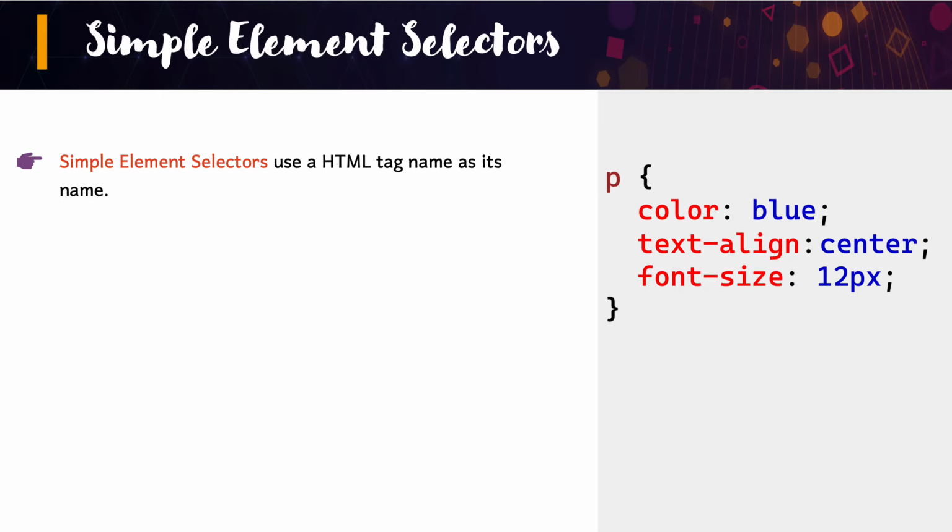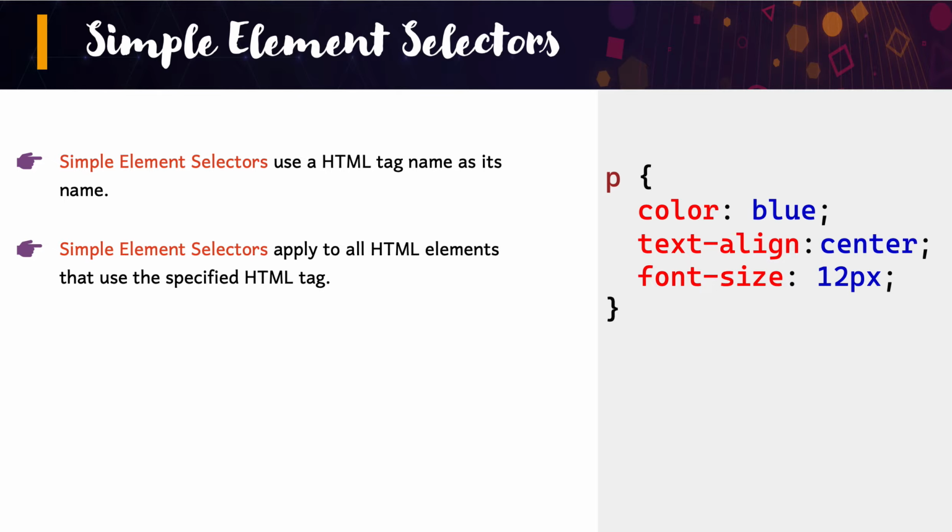P is indicating that it is a paragraph element in HTML. How do we know? Because this is a simple element selector. What is a simple element selector? A simple element selector uses one of the HTML tag names as its name, nothing less, nothing more. So if the CSS style selector name is the same as an HTML tag name, it is called a simple element selector.